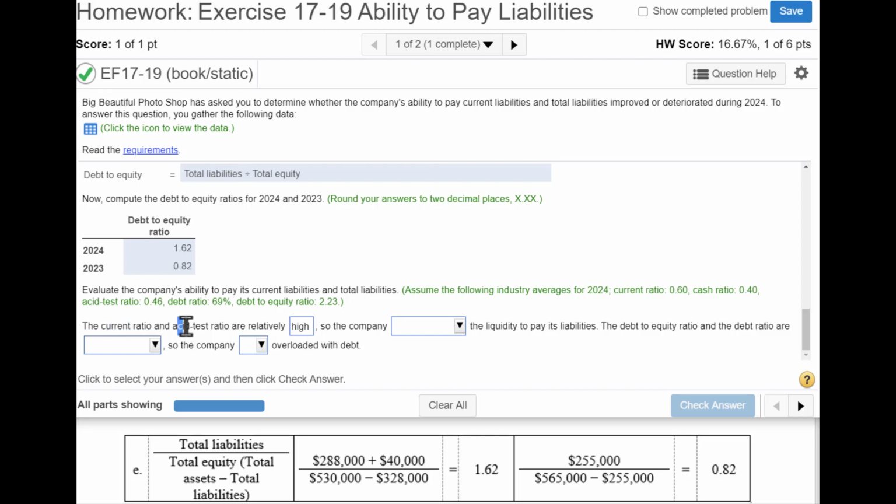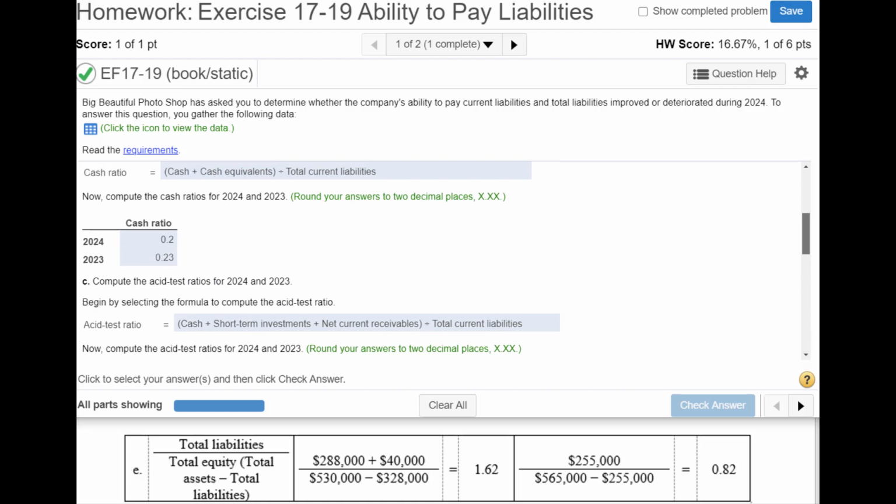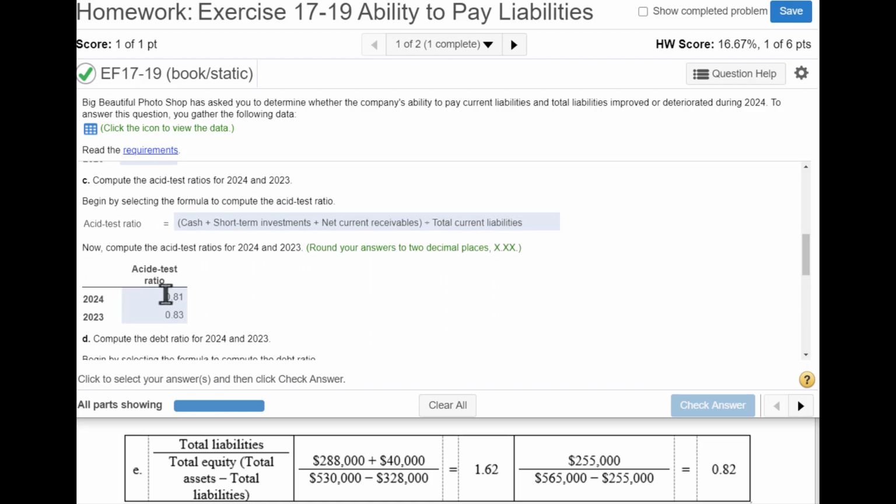So let's check the acid test ratio. 0.46 is the industry average. Let's check ours. So ours is 0.81. The industry average is 0.46. So let's see if we want high or low. On top we have assets, different types of assets.